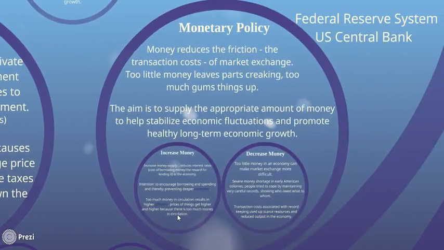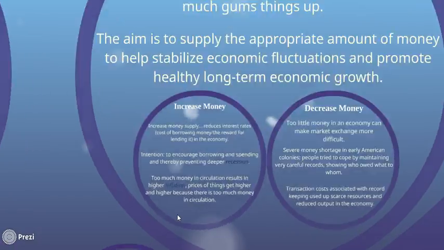Then monetary policy. A somewhat good analogy: money reduces the friction or the transaction costs of market exchange. Think about if you have to oil gears, too little money leaves parts creaking and too much money gums things up. The aim is to supply just the right amount of money to help stabilize economic fluctuations and promote healthy long-term economic growth.